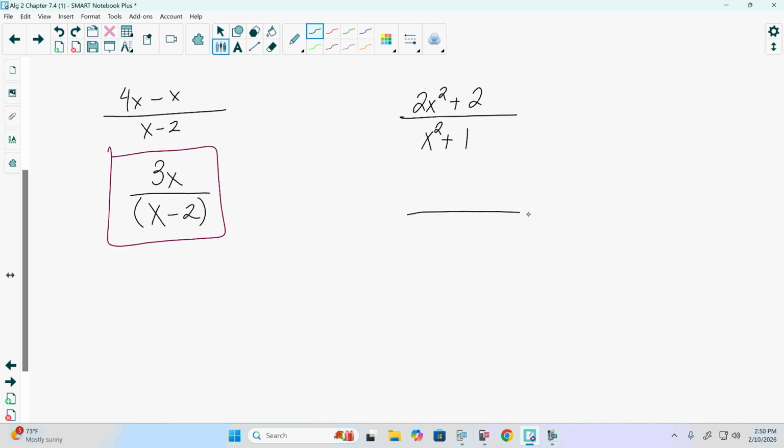Because 2x squared plus 2 does have a greatest common factor of 2 that we can factor out, yes? And what happens when we factor a 2 out of 2x squared? We get x squared. Plus, if I factor 2 out of 2, 2 divided by 2 is?